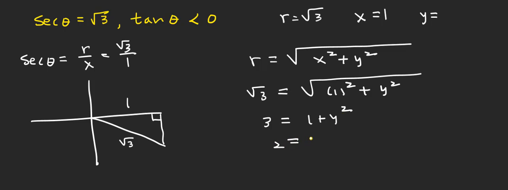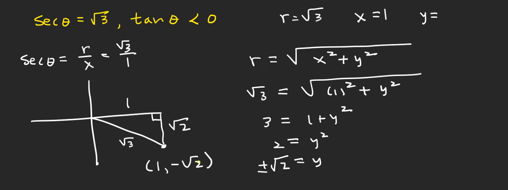So 2 equals y squared, and y is positive or negative radical 2. Since this is the fourth quadrant, the distance is always positive. You know that this point right here has to be 1 comma negative radical 2. Why? Because this point is in the fourth quadrant. In the fourth quadrant, x is positive, y is negative. Therefore, y is negative radical 2.